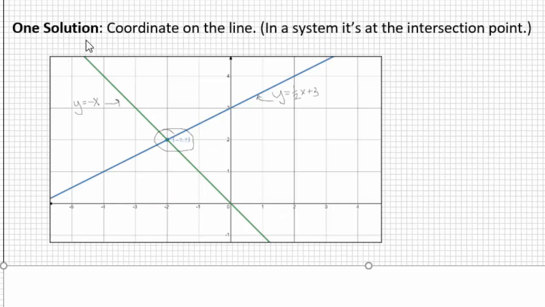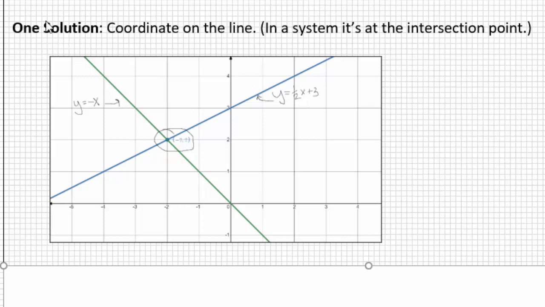So to recap on one solution, if we're looking at just one line, it is a coordinate point that falls on the line and makes that equation true, as we looked at with the point negative 2, 2 in the equation y equals 1/2 x plus 3.